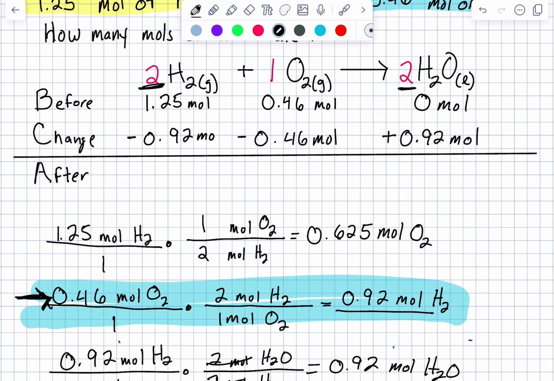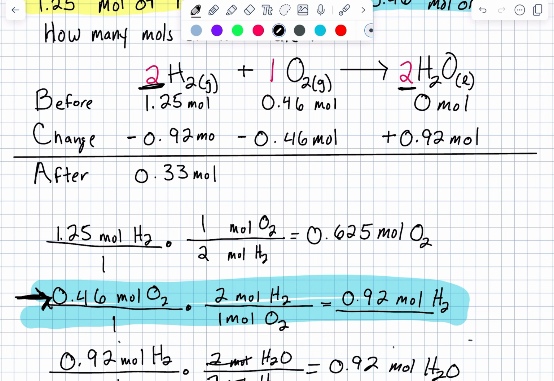The after is a simple subtraction problem. And so I'm going to take my 1.25, subtract 0.92, and I get that I have 0.33 moles left over.